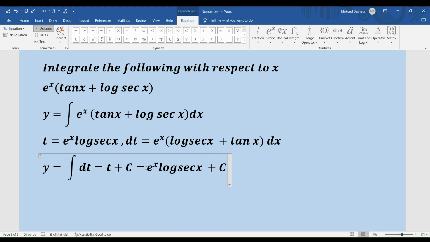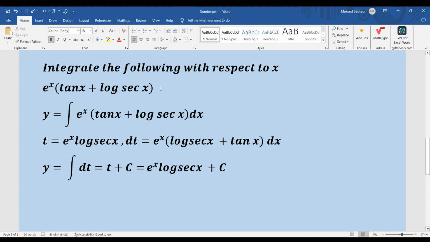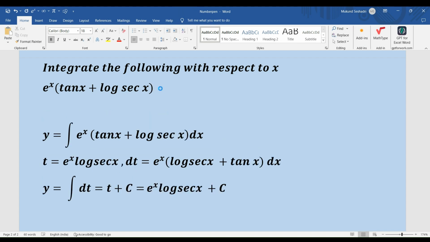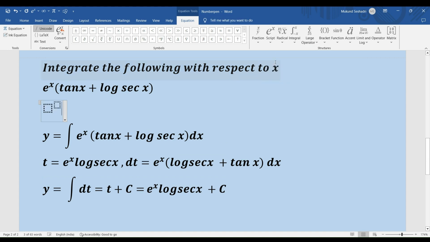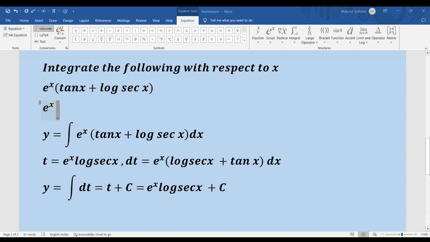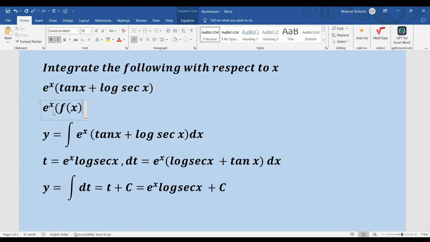So when you take a look at this particular function, and we're going to look at similar problems in the upcoming videos, you will notice that this is a function of the type, right? Let me write it out here for you folks. This is a function of the type e to the power x times f of x plus f dash of x, right?